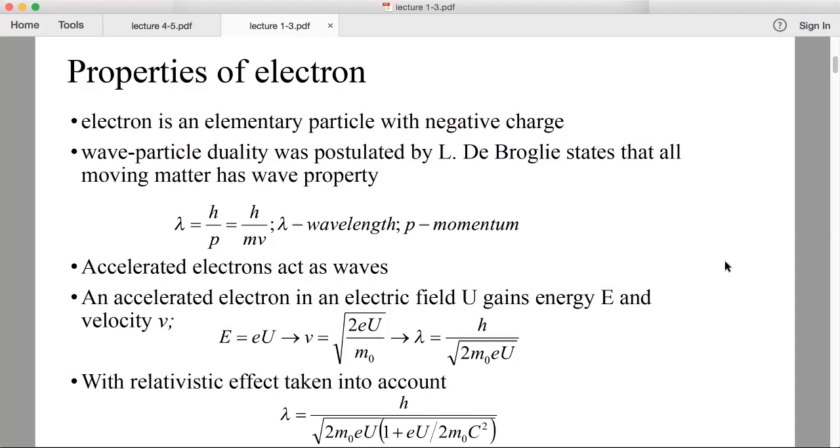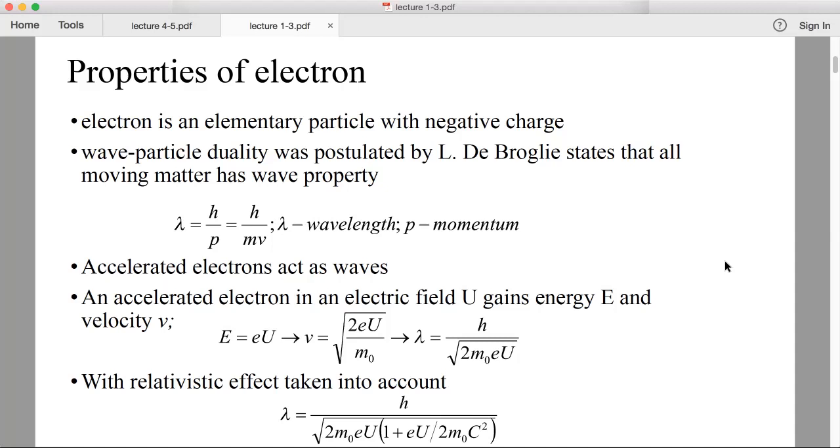If we apply that, and instead of kinetic energy we replace it with eU, then you can isolate velocity on one side and get the relationship v equals the square root of 2eU over m naught.